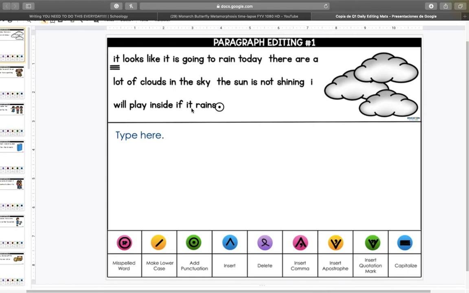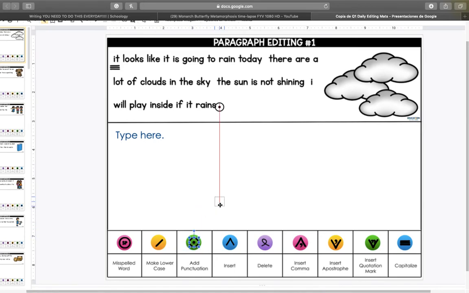So I think that a period needs to be added right here between today and there, because this sentence is talking about something, and the next sentence is talking about something else. Right here it is talking about the rain today, and the next sentence is talking about the clouds in the sky. They're not talking about the same thing, so it needs to be two different sentences.